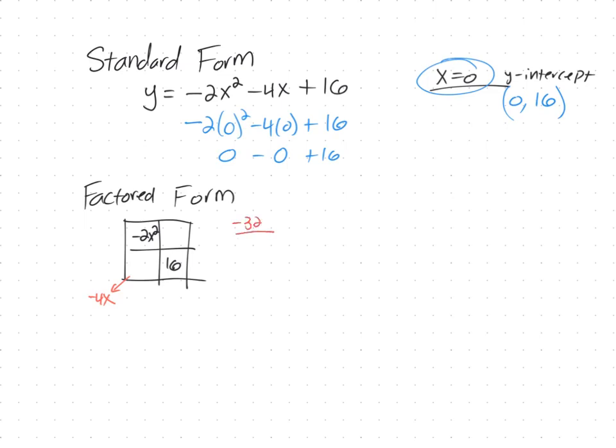So I've got 1 and negative 32, and 2 and negative 16, and 4 and negative 8. Oh, that works because they add up to negative 4x. So we think about 4x and negative 8x.